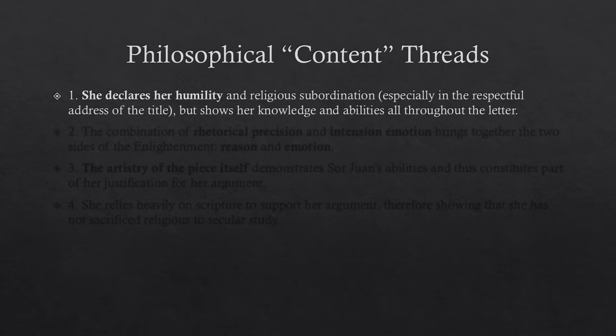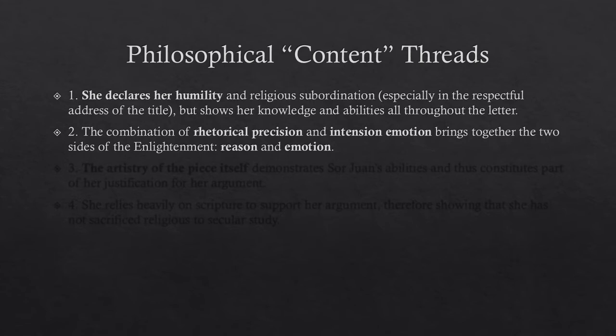However, this is balanced throughout with her showing her deep, deep knowledge of the Bible and of religious matters, and also her incredibly skillful writing. So she basically says one thing and shows another, shows that she's incredibly capable and knowledgeable, while at the same time outwardly declaring her humility.